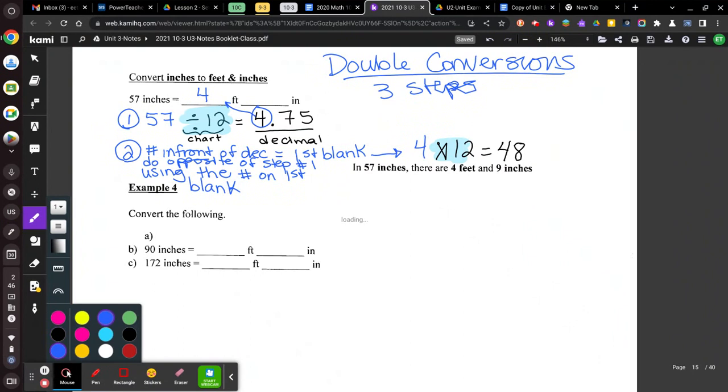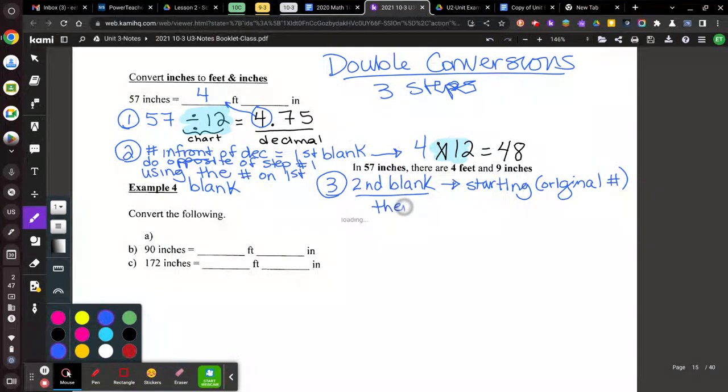Your last step, step 3, is to find your second blank. That second blank, to fill it in, means you take your starting or original number, then subtract step 2.